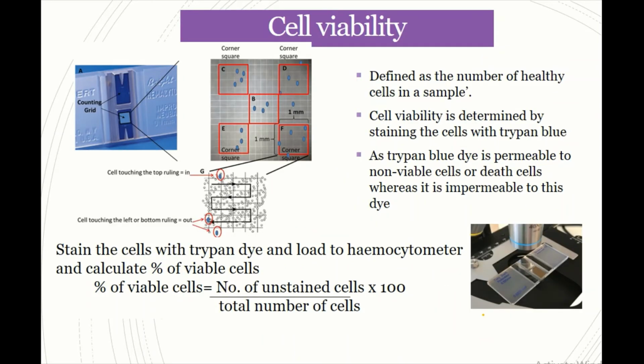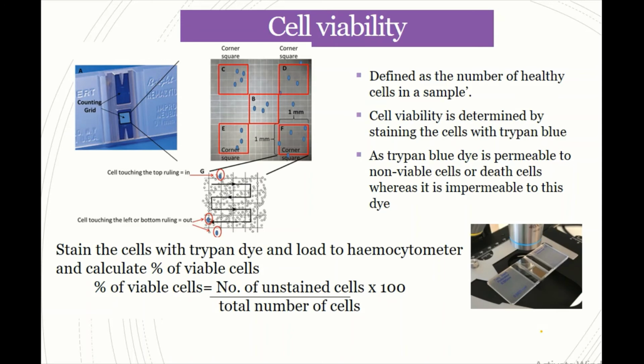So how do you check for cell viability after you have frozen or cryopreserved your cells? We need to do a process called staining and counting. So we stain using a dye called trypan blue, and this dye usually is permeable to dead or non-viable cells, and it is impermeable to live or viable cells.